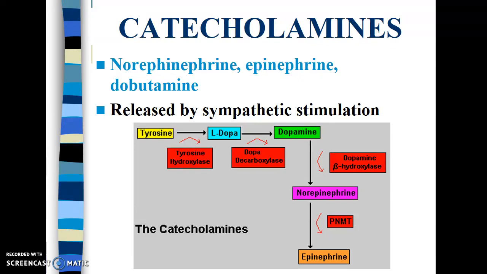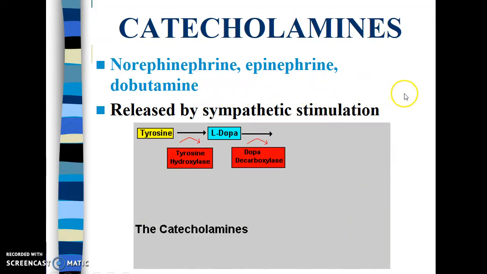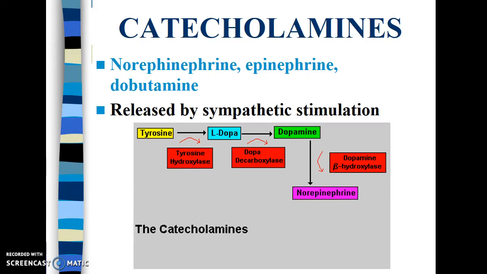All you need to know is that these two are our main neurotransmitters of the sympathetic nervous system. Dobutamine is a drug that you're going to see in your anesthesia class because we use it to help support a heart that is not putting out enough blood, and we get low blood pressure. It's one of the ways that we treat low blood pressure.